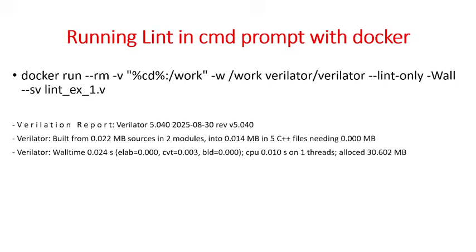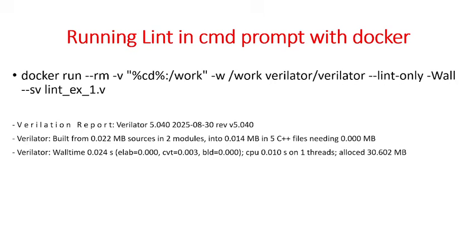This is the command: docker run --rm -v. So now what you have to do is go to the directory which contains the RTL files for which the linting has to be checked. You have to reach the particular directory which houses all the RTL files for which the linting has to be executed.